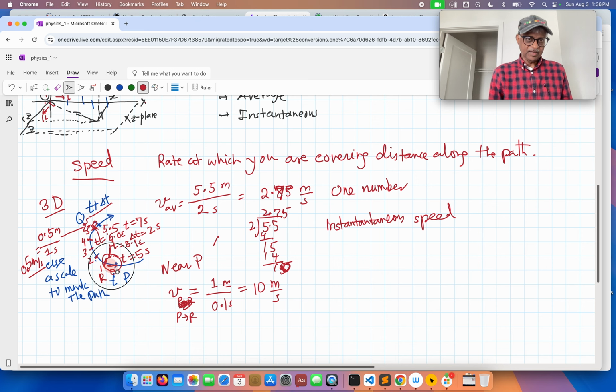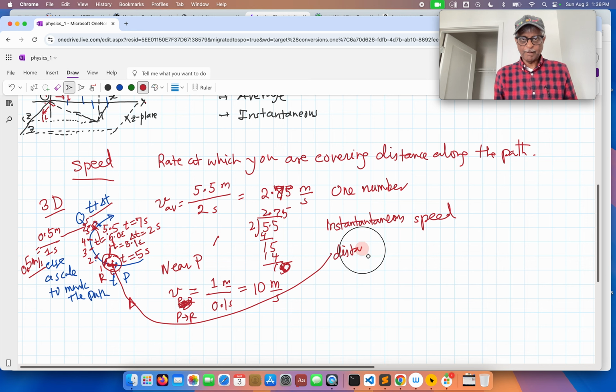So suppose I cover this distance that's being covered, let's call it distance covered in time, delta t.